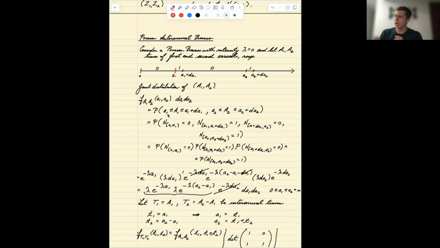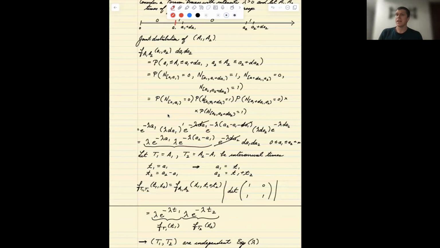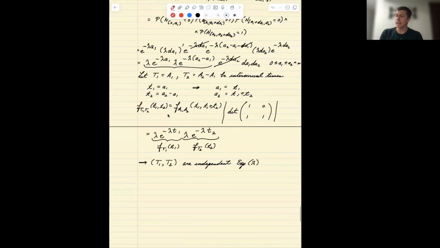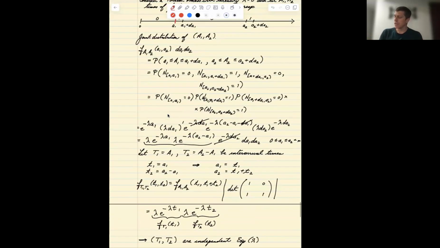We could have derived this independence just by reasoning through it, but if we didn't have that initial thought, we could do exactly what we did here and process it through the change of variables formula.